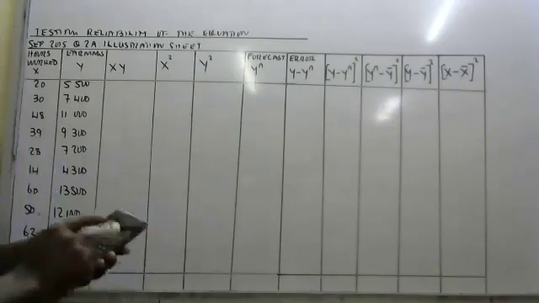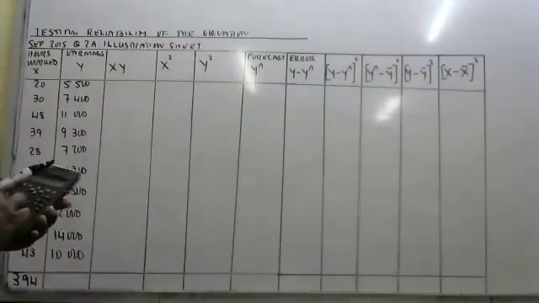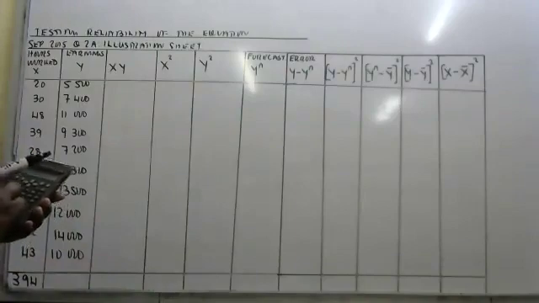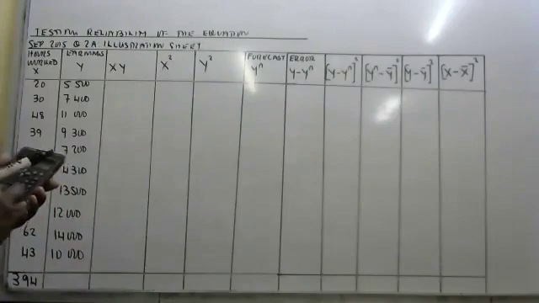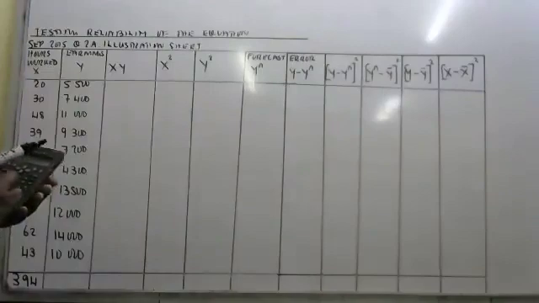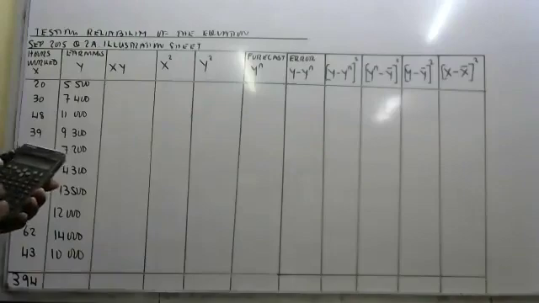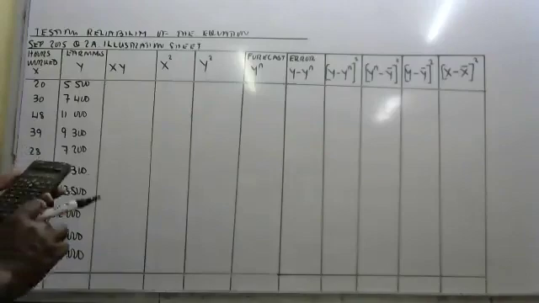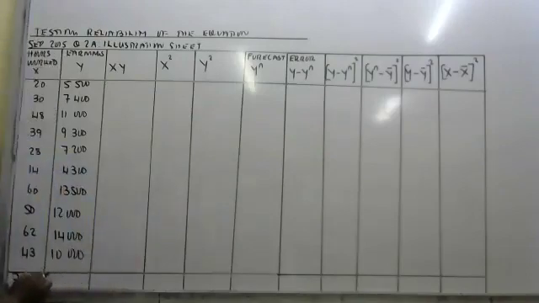Let us get the earnings. 5,500 plus 7,400 plus 11,000 plus 9,300 plus 7,200 plus 4,300 plus 13,500 plus 12,000 plus 14,000 plus 10,000 is 94,200.